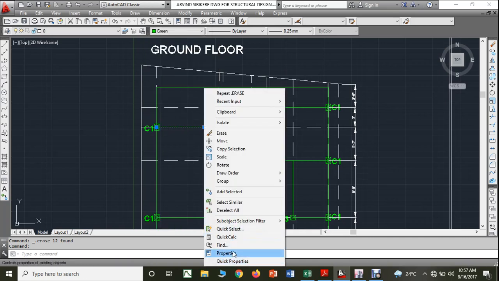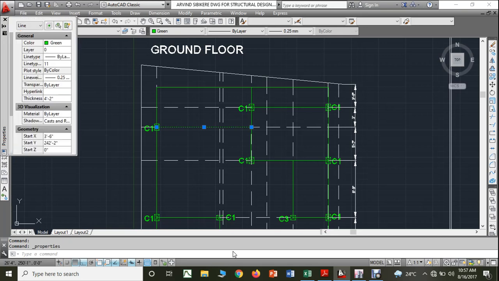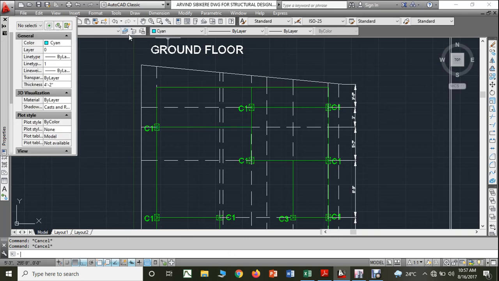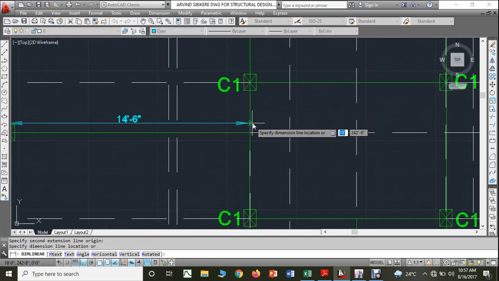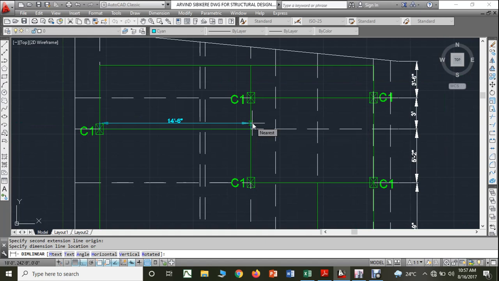If I check the properties, I can see the dimension. If you have a doubt, I can check in the dimension only. Sorry, it is 14 feet 6 inches. The length of this beam is 14 feet 6 inches.